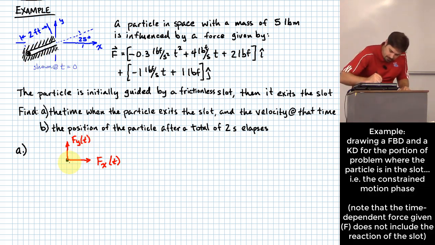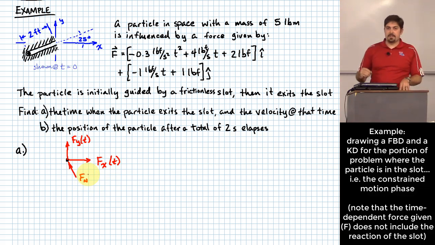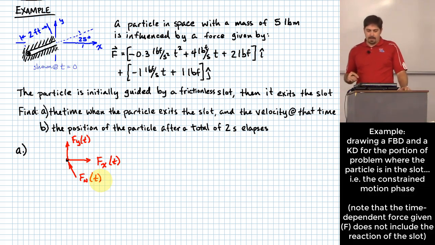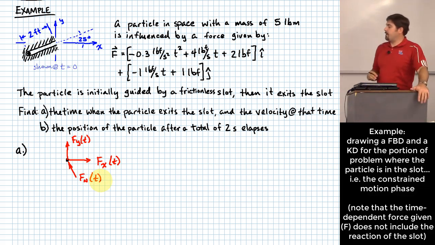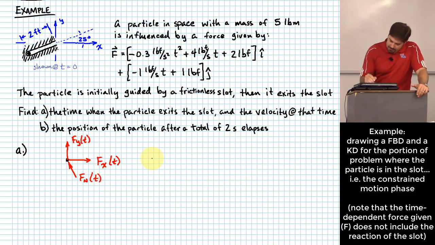So if you kind of imagine there being another force like this, I'll call that maybe F sub n. It's not just a constant value, it is also going to be a function of t, most likely. Okay, and it's only going to have that component that is applied from the slot because it is frictionless.